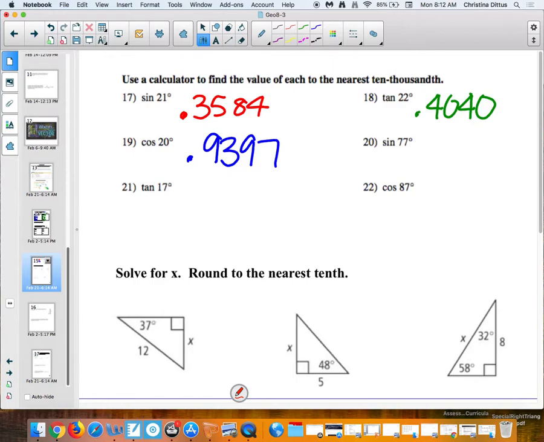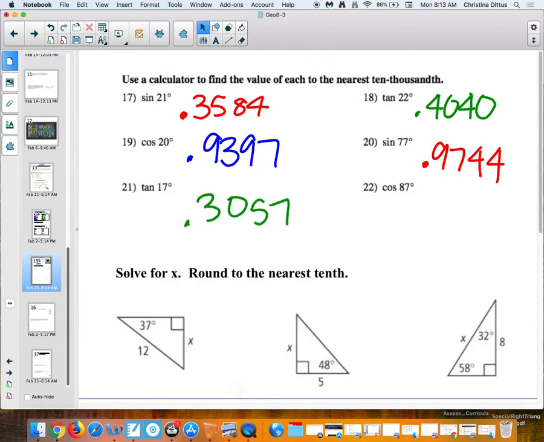Okay, how about the sine of 77? 0.9744. How about the tan of 17? 0.3057.